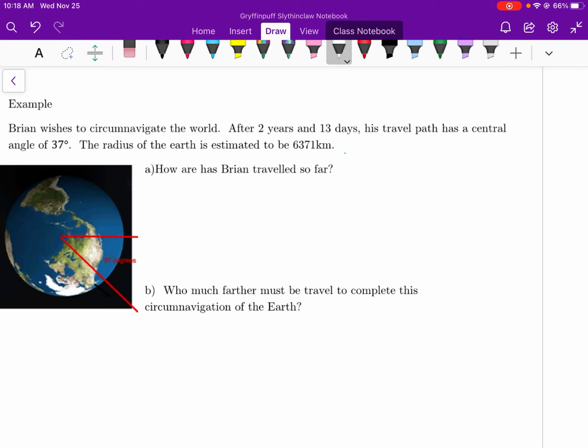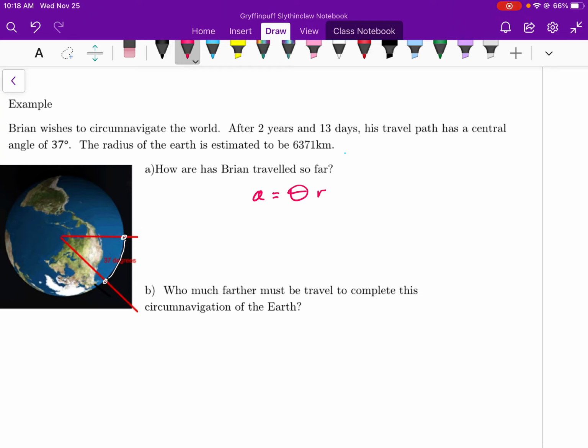I'll use white, something a little bit more permanent. That angle is defined, so from here to here is 37 degrees. How far has he traveled? Well, we have this beautiful formula. A is equal to theta r, where A is the arc length, and that's what we'd be after, right?